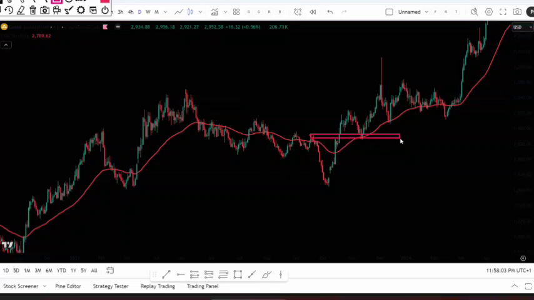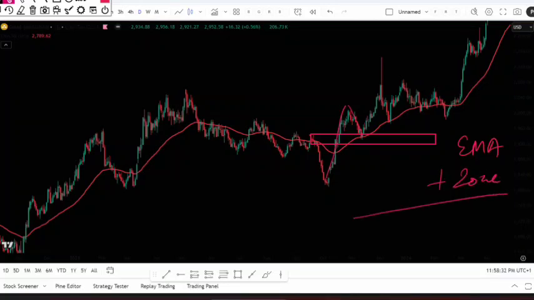Okay, so here this is the previous resistance. Yeah, this is the previous resistance, and when the market breaks above the resistance and the 50 EMA, the market comes to this level for the retest. Look, everything is coming together. Your EMA plus your zone.